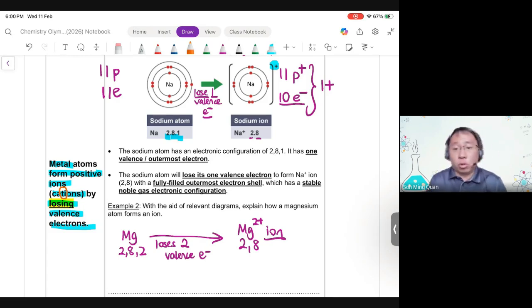Okay, so sodium, magnesium, they are metals, but so is aluminum, so is iron, so is copper, so is potassium. So there are many, many metals. In general, metals will form positive ions because they lose valence electrons.